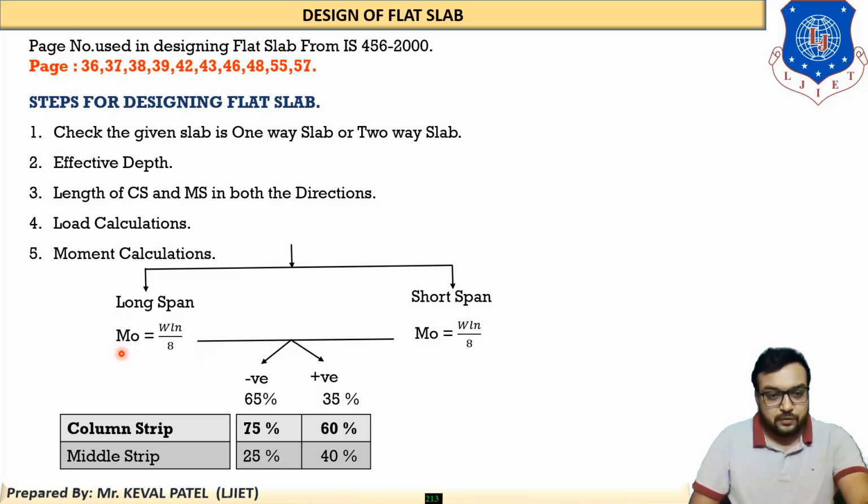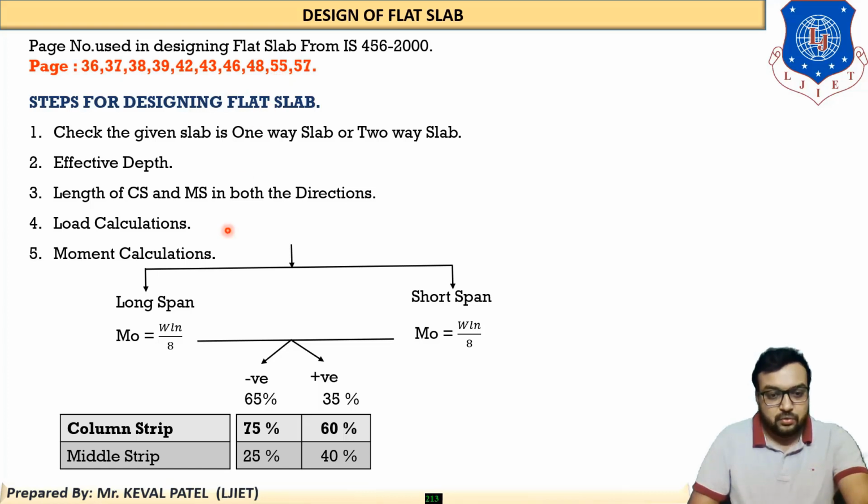First of all, the equation of moment is capital W into Ln divided by 8. So what is capital W? Capital W is the load on area L2 into Ln. This description is given in IS 456-2000 on page number 55.